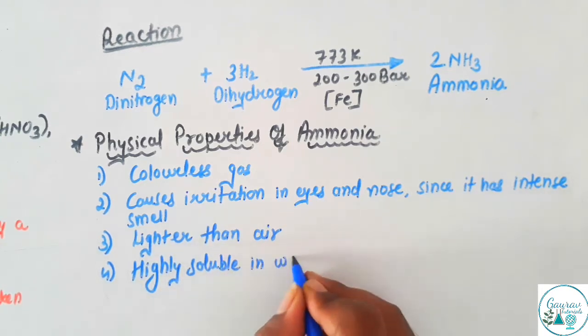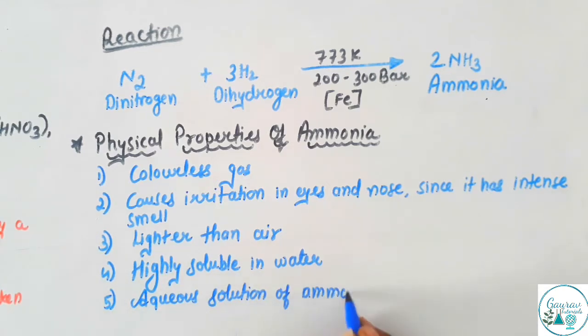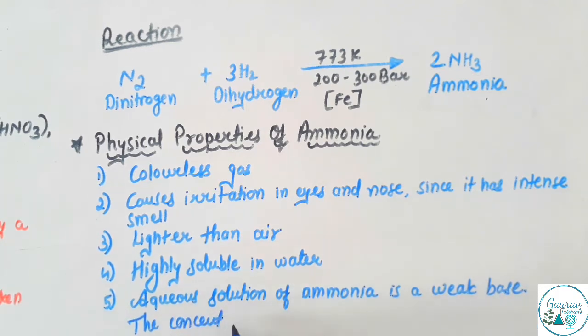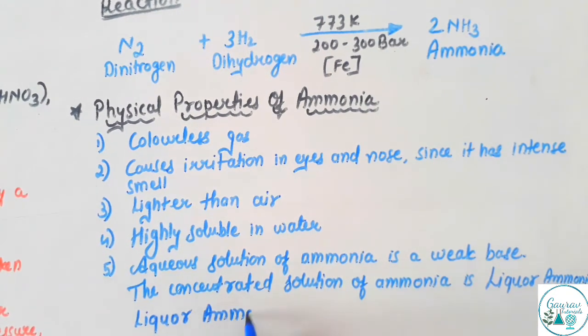It is highly soluble in water and therefore it will form ammonium hydroxide, which is a weak base. The aqueous solution of ammonia would behave as a weak base. Concentrated solution of ammonia would be called liquor ammonia.